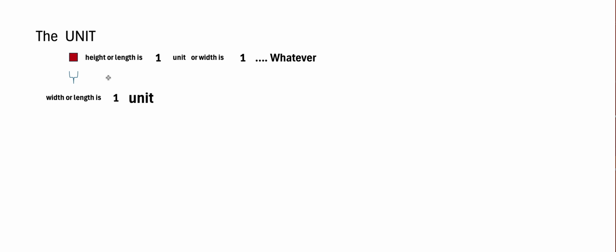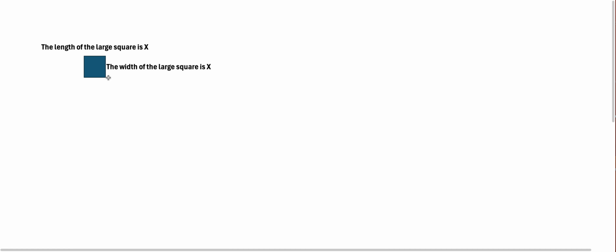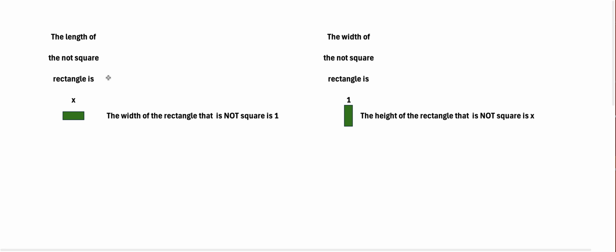We use the small square, which we often call a unit square because it has a length and width of 1. We can measure the others off of that. The length of the large square is X, width of the large square is X. The length of the not square rectangle is X, the width is 1.